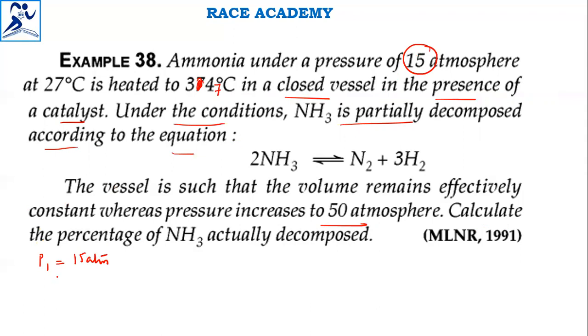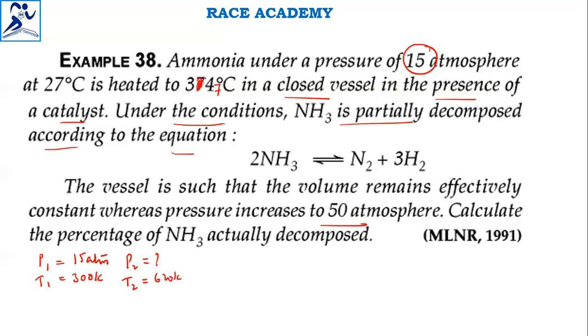And at that time, what is the temperature? The temperature is 27 degrees Celsius, T1, that is 300 Kelvin. We don't know the second pressure, that is the question mark. And the second temperature is 347 degrees Celsius, that is 347 plus 273, that is 620 Kelvin.